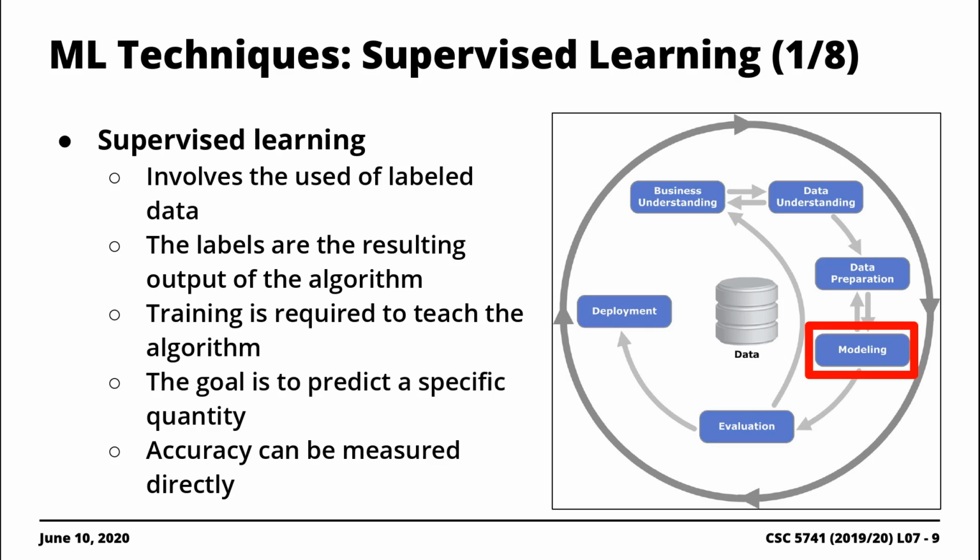So supervised learning, unsupervised learning, and semi-supervised or reinforcement learning, right? So it turns out that one of the common machine learning problems would typically involve some aspect of supervised learning, right?